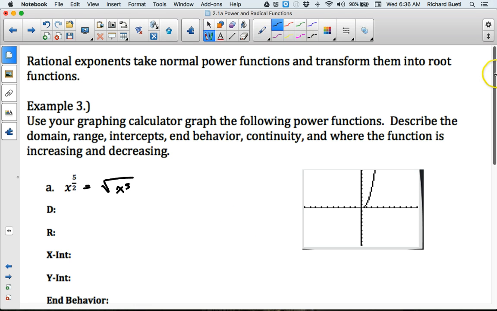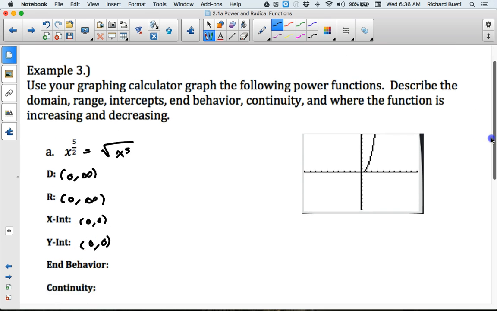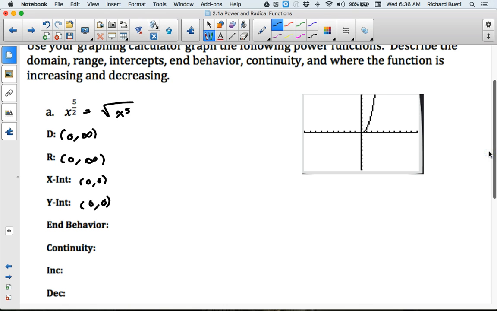And we can take a look at it and start analyzing it. So looking at it, the domain will go from 0 to infinity. The range will go from 0 to infinity. The intercepts will be at 0, 0. This function actually has no left end behavior since it stops right here.